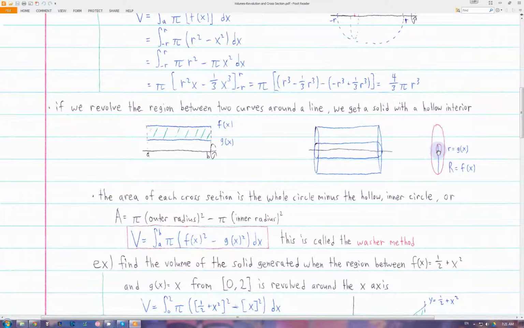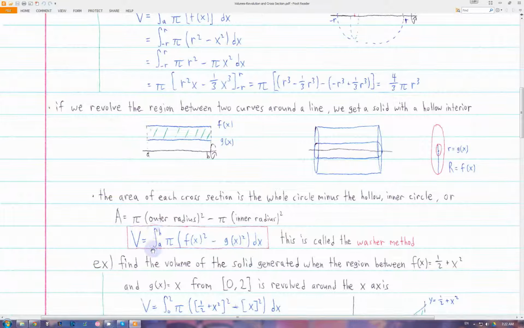So the area of each of these cross-section circles will be the whole circle, which is pi times the outer radius squared, minus the hollow part, which is pi the inner radius squared. So in this case, the outer radius would be f of x, and the inner radius would be g of x. So the cross-sectional area would be pi f of x squared minus pi g of x squared.